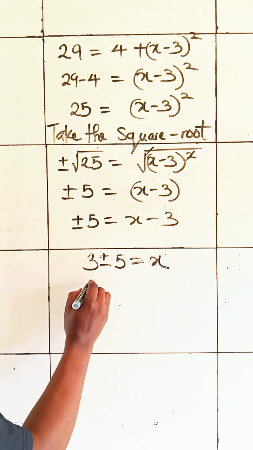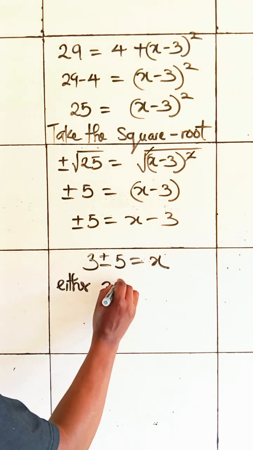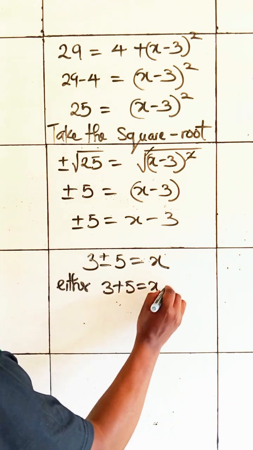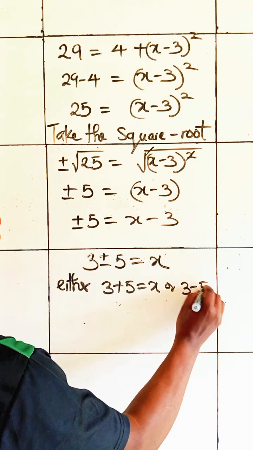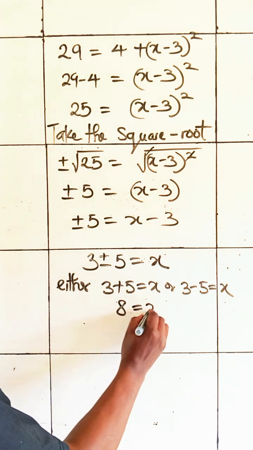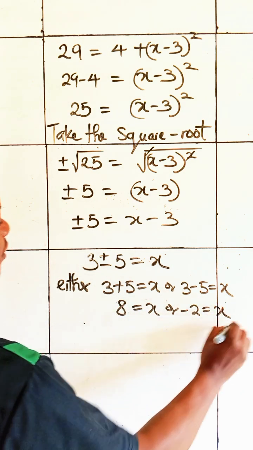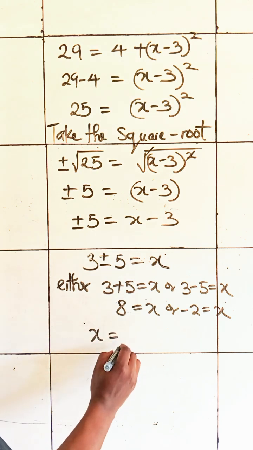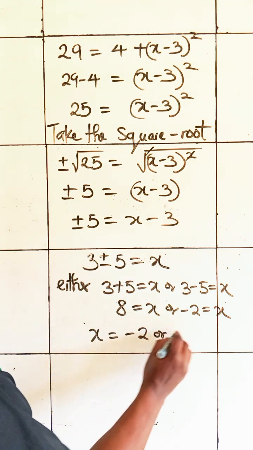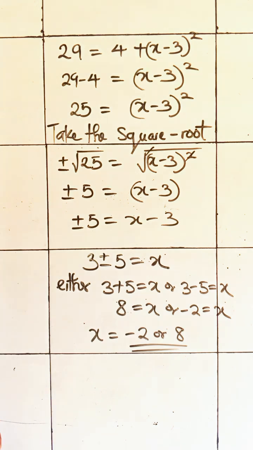So this can be written as either 3 plus 5 equals x, or 3 minus 5 equals x. So 3 plus 5 is 8 equals x, or minus 2 equals x. So we can write it as x equals minus 2 or 8. And that's the answer to this particular question.